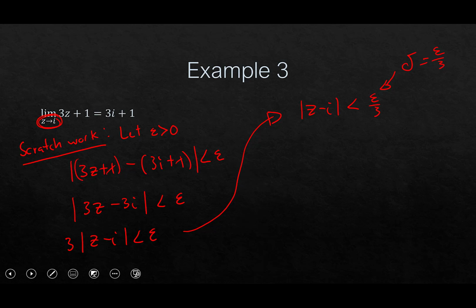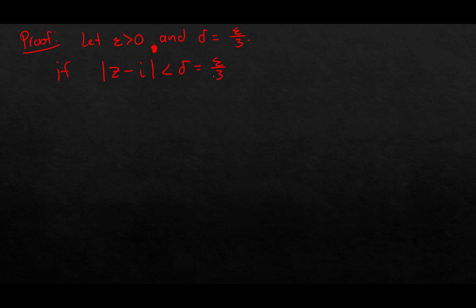So to prove the limit, we're going to go backwards now. Proof: pinkies up everyone. Let epsilon be greater than 0, and delta equal to epsilon over 3. Let me double check, that's what we said over here, right? Yeah, epsilon over 3. Okay, so if the distance between z and i is less than delta, which equals epsilon over 3, then we're going to reconstruct.